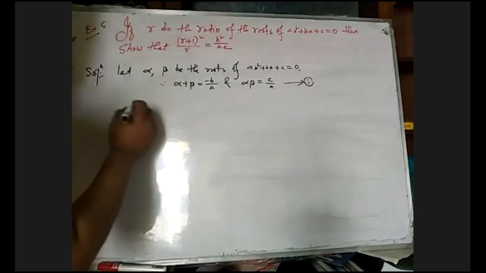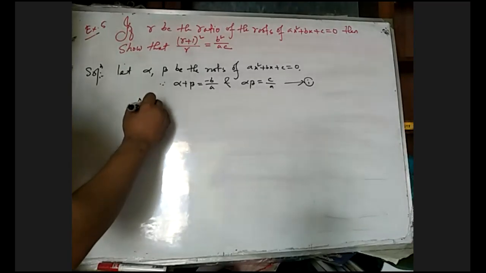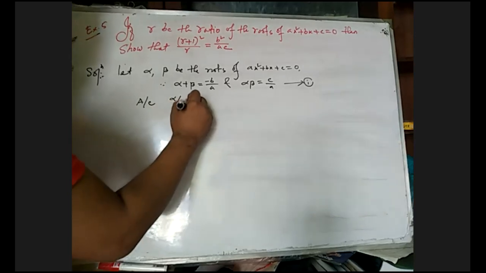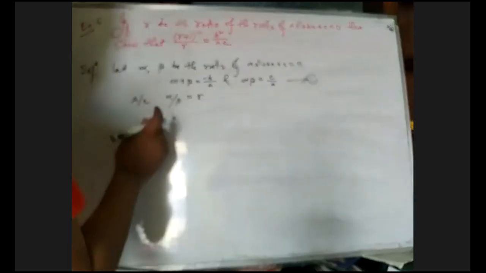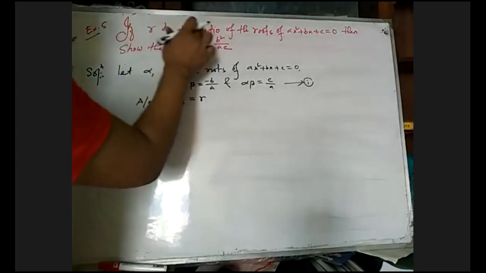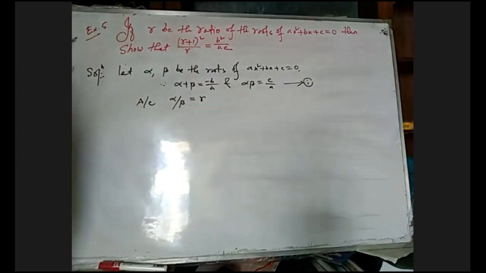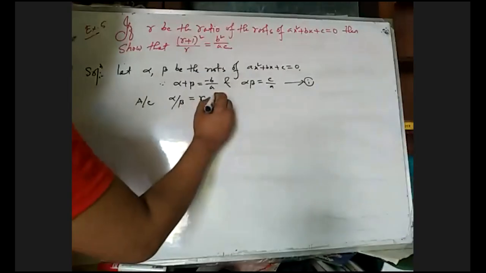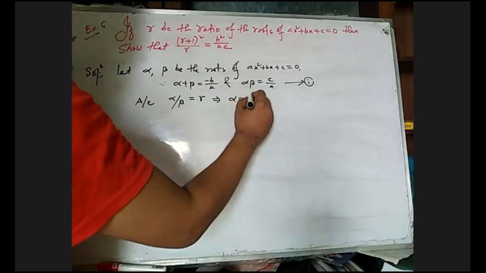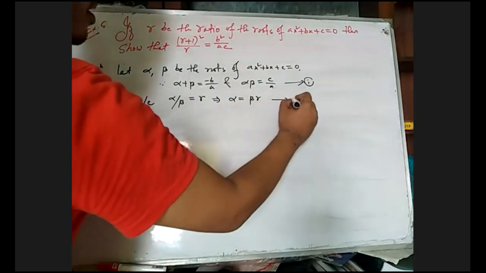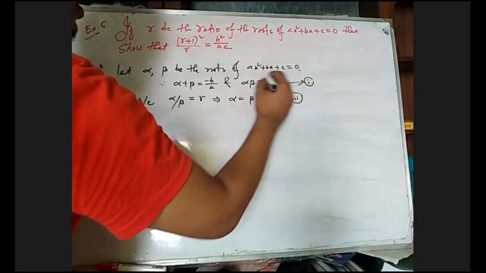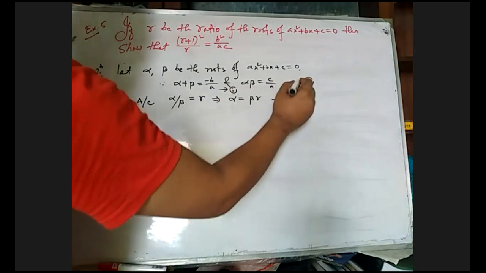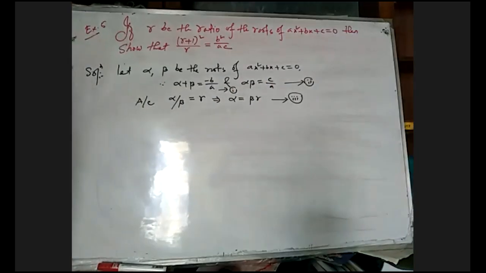Now according to the given condition, ratio means what? Alpha by beta equals r. That implies alpha equals beta r. This is equation number 3. Okay, this is equation number 1, this is equation number 2, and this is 3.